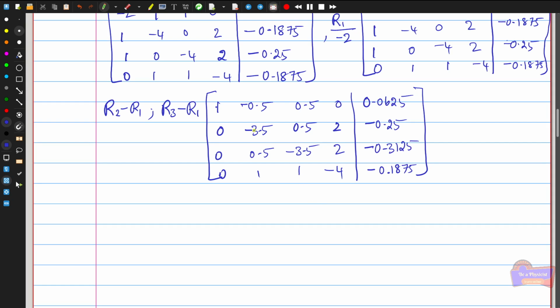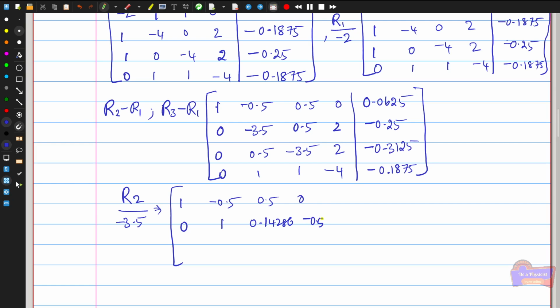Okay, so now I'm going to make the second row, second column element 1, so I make the transformation r2 divided by minus 3.5. I can write the matrix as 1, minus 0.5, 0.5, 0, then 0, 1, minus 0.14286, minus 0.57143, then 0, 0.5, minus 3.5, 2, and finally 0, 1, 1, minus 4.